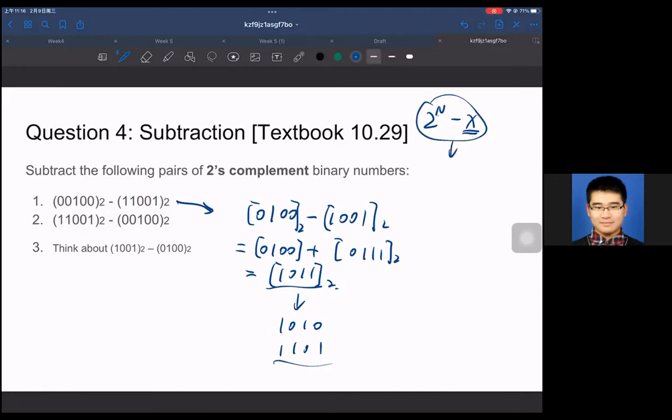What's the minimum amount you can take for x? It's going to be 0. And what do you have over here? It is 1 0 0 0, and this is -8. So this is the minimum number you can get.